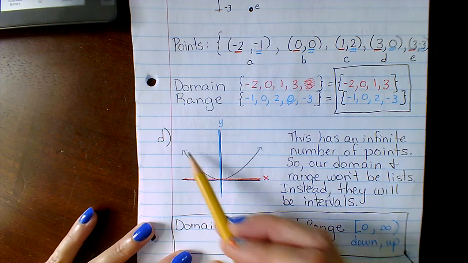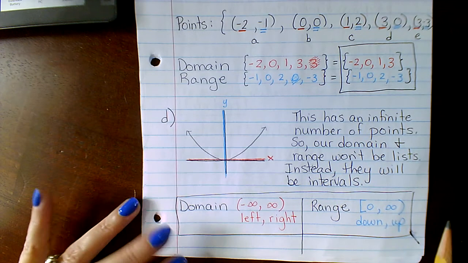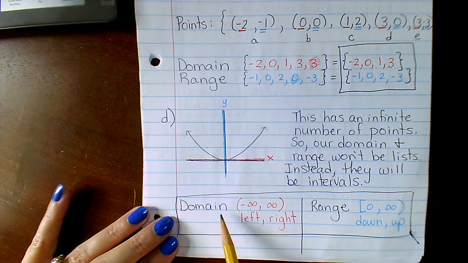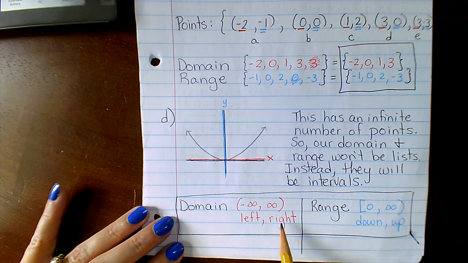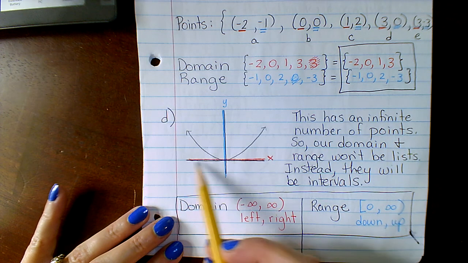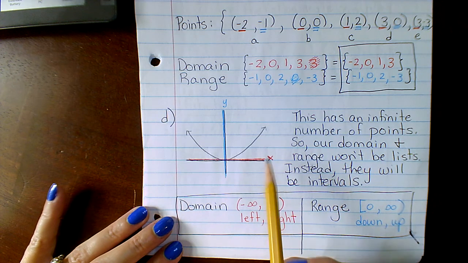So when you have a graph like this, it's easier to think of the domain, since we know that that's associated with the x coordinate. That one goes from left to right. So it's looking at this graph and figuring out how far to the left does it go? What's the lowest x coordinate and what's the highest x coordinate?